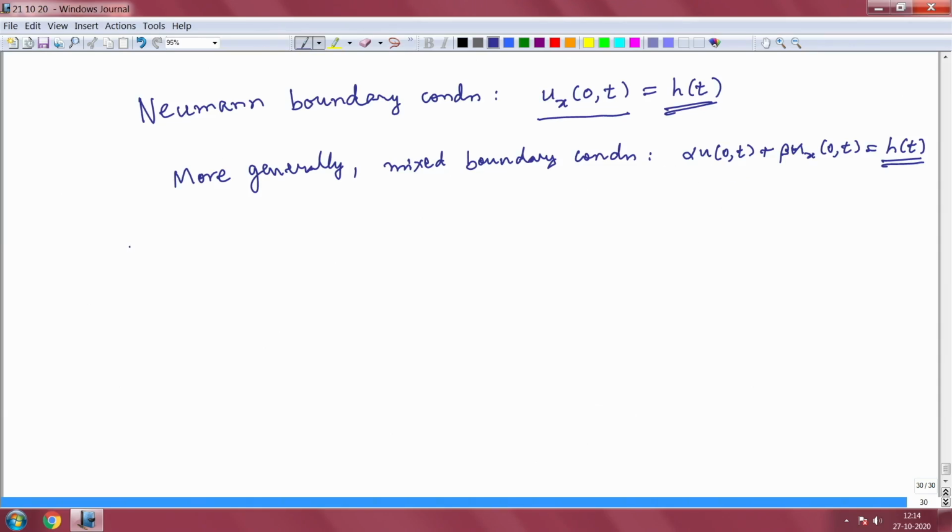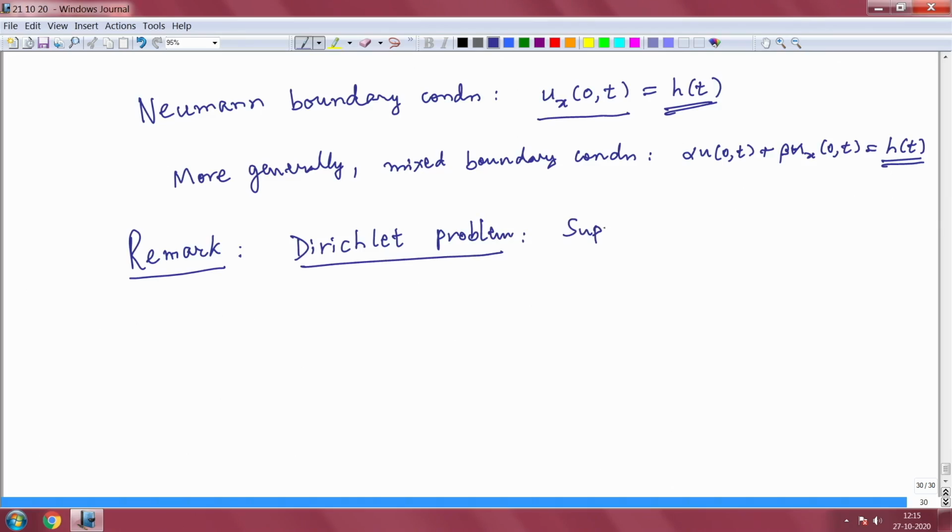Just one remark, as we will come to an end of this lecture. In the Dirichlet boundary value problem, suppose the boundary data h is identically 0. Let me show you that.